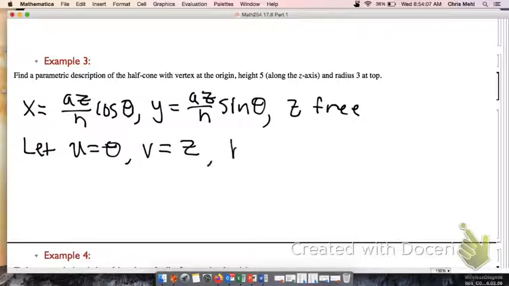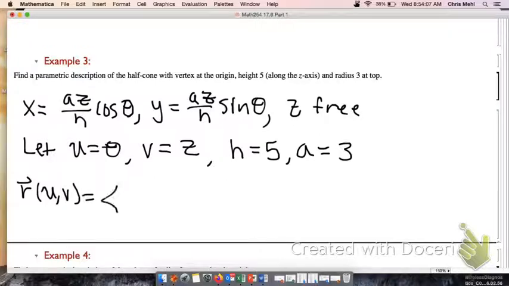And now h is going to be the height of the cone, which is 5. A is going to be the radius of the cone at the top, which is 3. And my parametric description, r of u, v, is going to equal, the first component is 3/5 v cosine u.